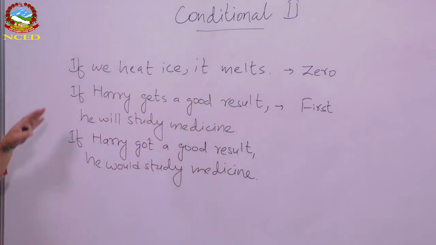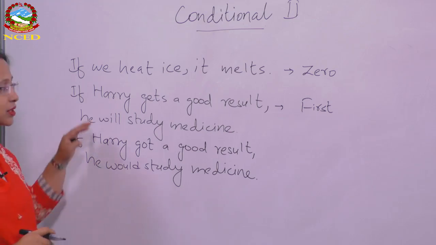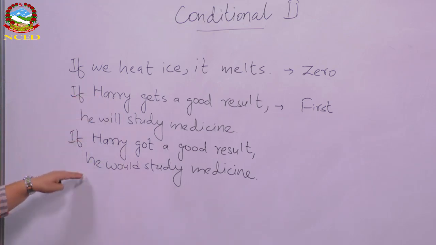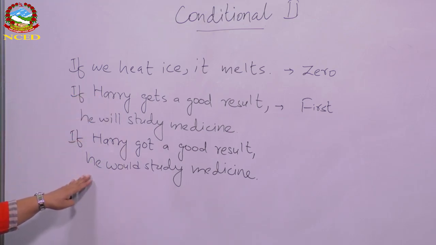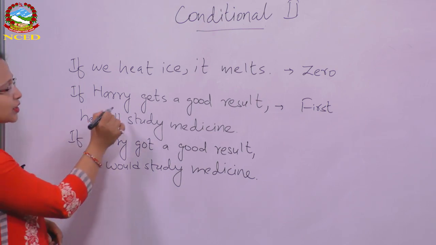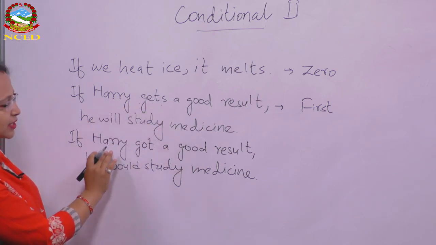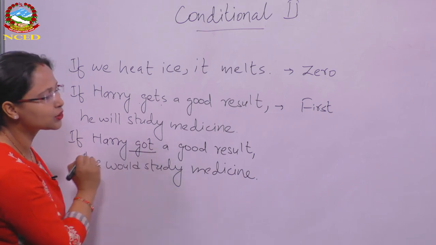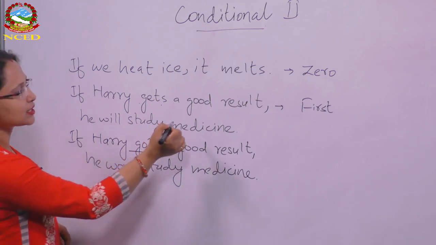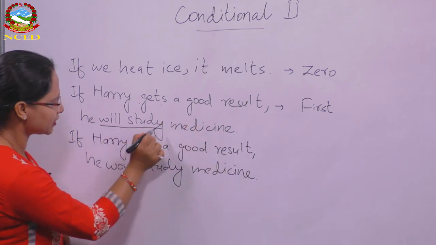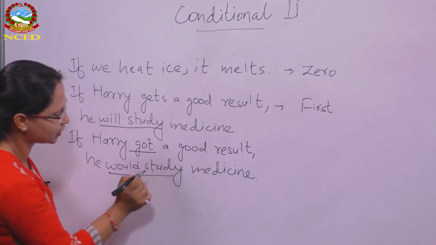See, I have just changed the tense of the sentence. What difference in the meaning can you see here? Instead of simple present, I made it simple past. If Harry got a good result, and will study changes into would study.